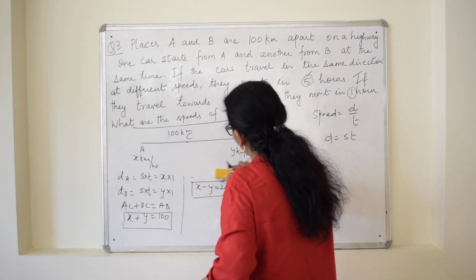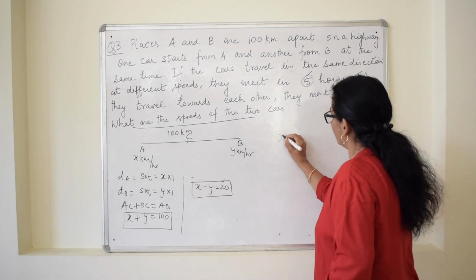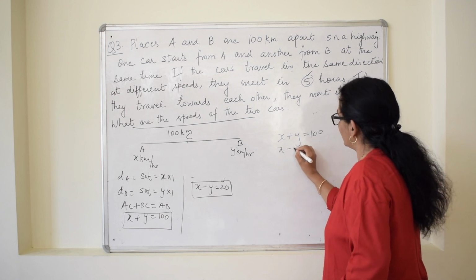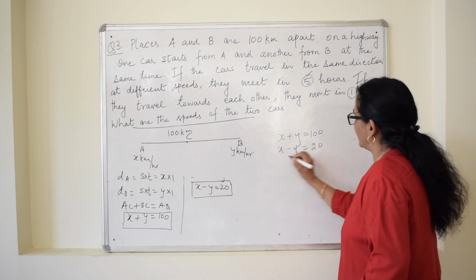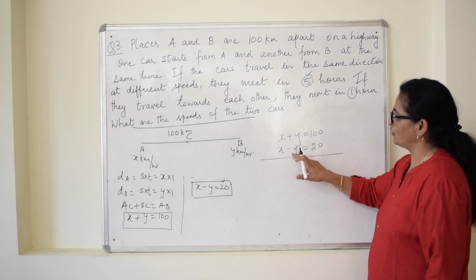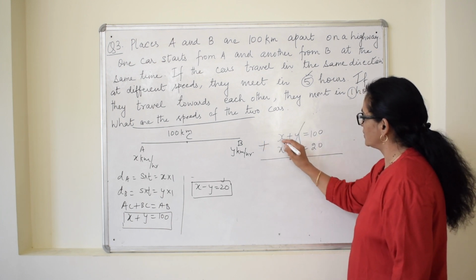Now compare these two equations. When you compare these two equations, x plus y is 100 and x minus y is 20. Easy to add the equations because these two coefficients are same and opposite sign, and on adding they will be cancelled.